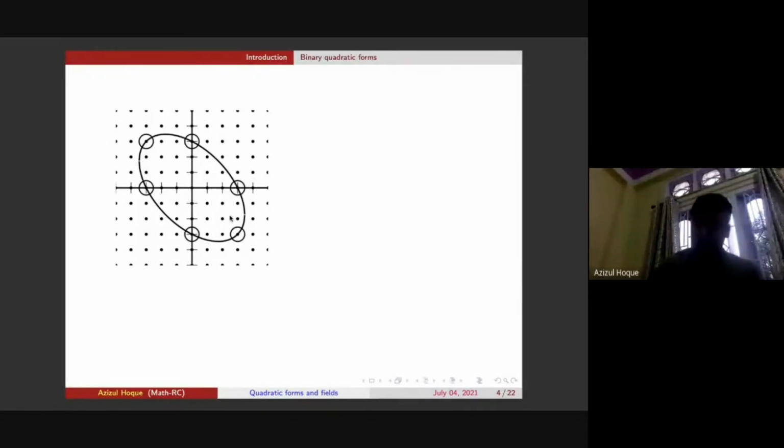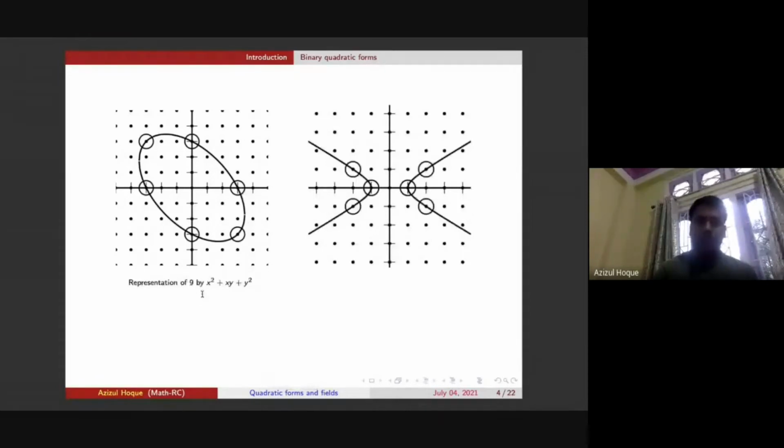So something corresponds to these points. There is a binary quadratic form, and if I consider this as ax square plus bxy plus cy square, and then put these points over there, you will get something, and from there you can find out that this is the exact binary quadratic form corresponding to this one.